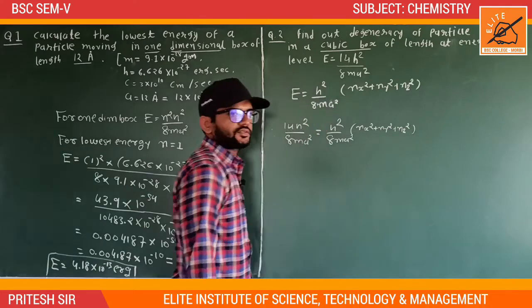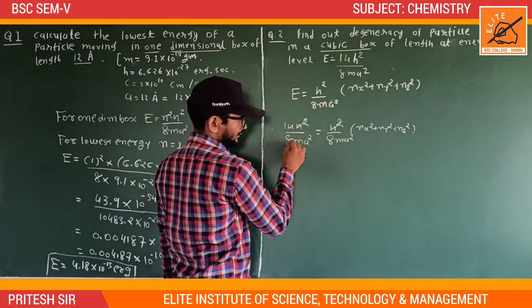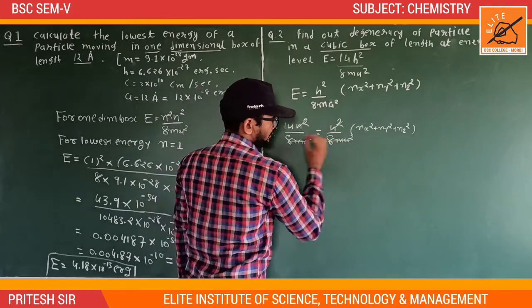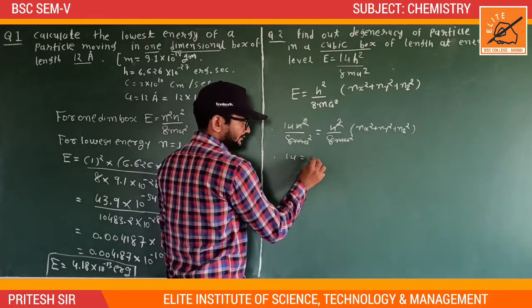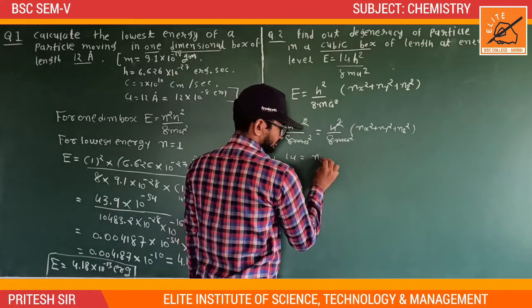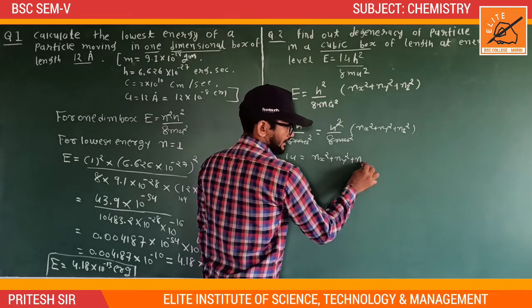Cancel out a square from both sides and these terms are also cancelled out. Therefore 14 is equal to nx square plus ny square plus nz square.